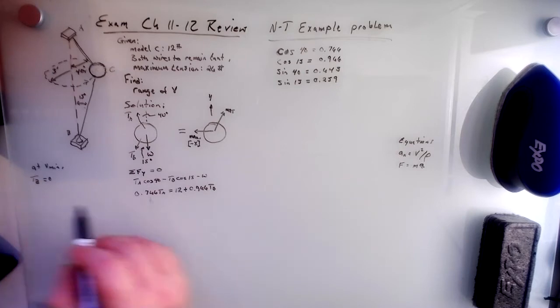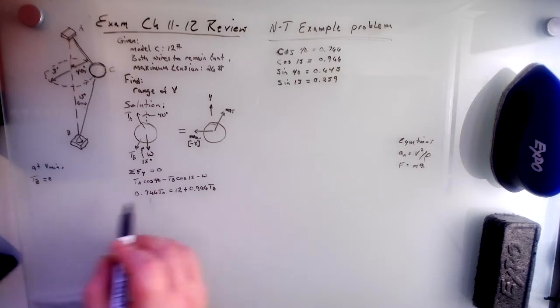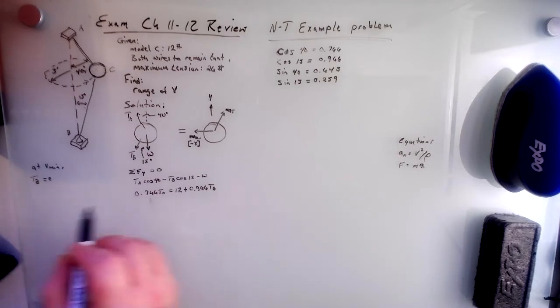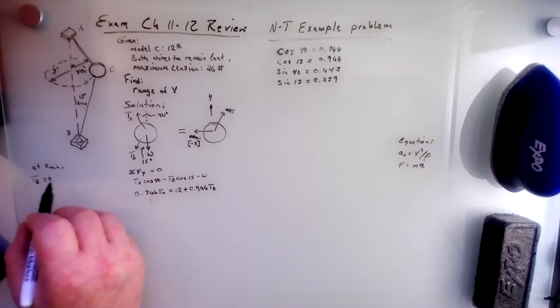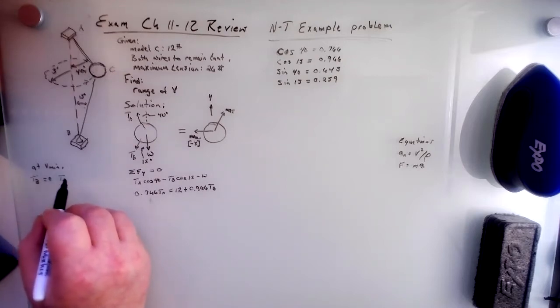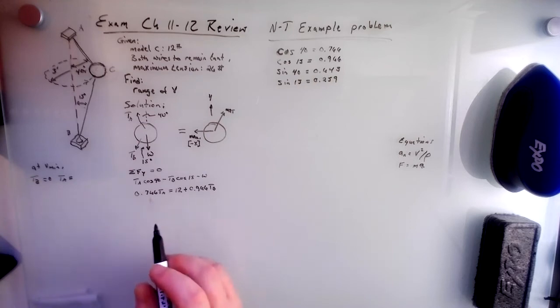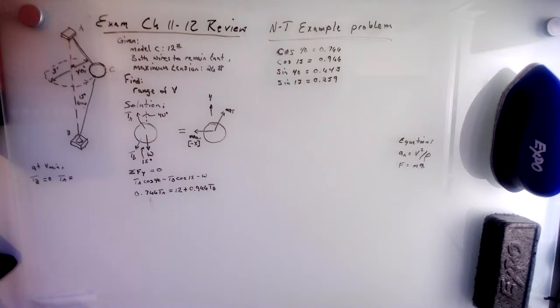That gives us 12 divided by 0.766. So TA equals, and I'm just going to do this on the calculator, 12 divided by 0.766.